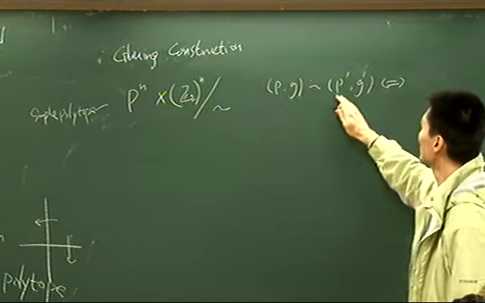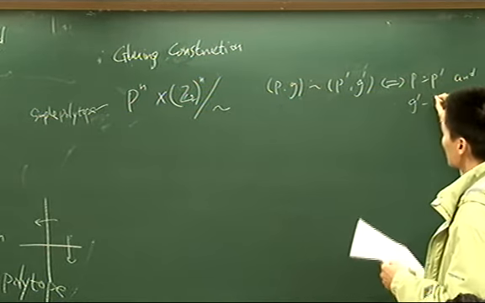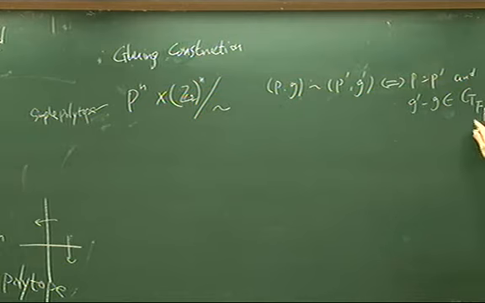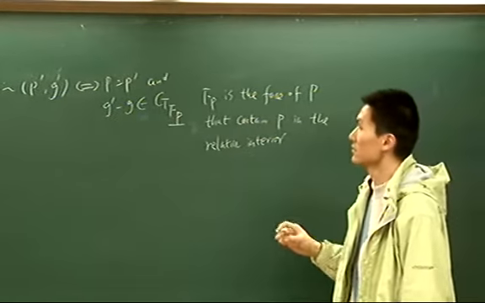We glue (p, g) and (p', g') if p equals p' and g' minus g is in this group. This F_p is the face of P that contains p in its relative interior. So each point on this polytope is contained in some face that contains p in its relative interior.